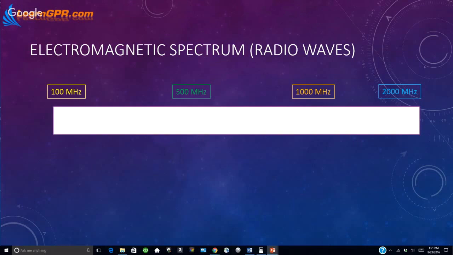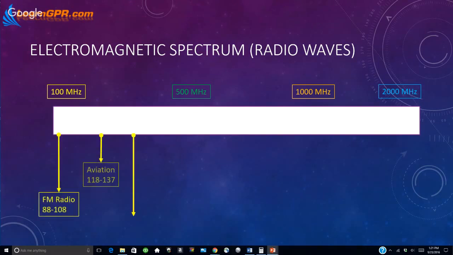Now this range overlaps with some other electronic equipment. I'll give you some examples so you can understand what other electronics overlap with GPR. At the low end, around 100 megahertz, FM radio, aviation communication, and older TVs send out signals in the range of low frequency GPR antennas.